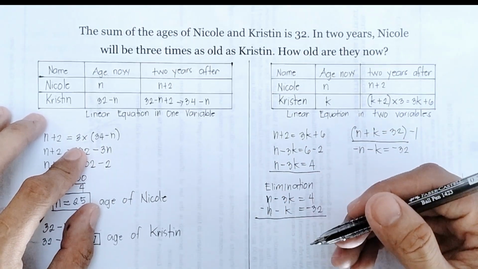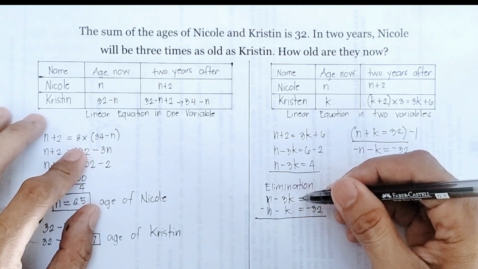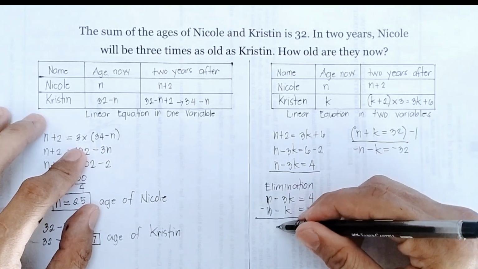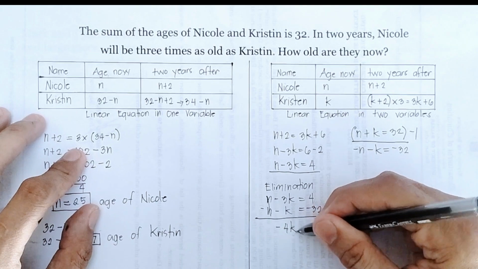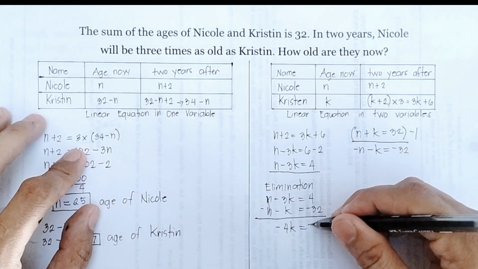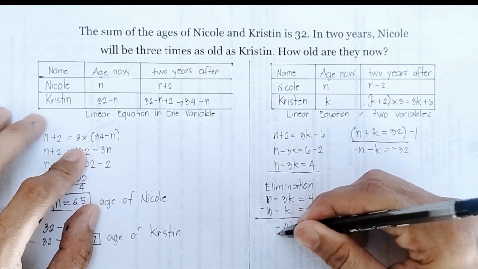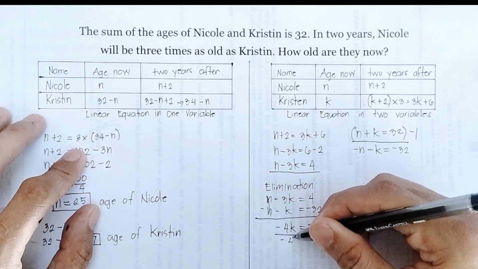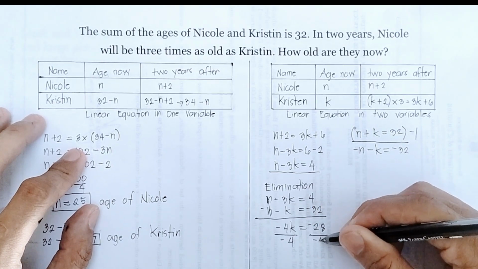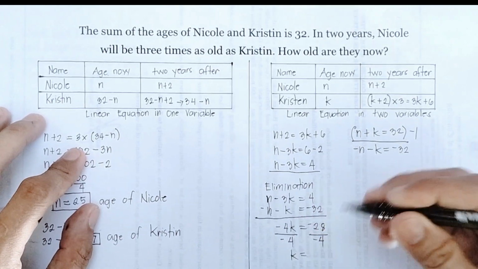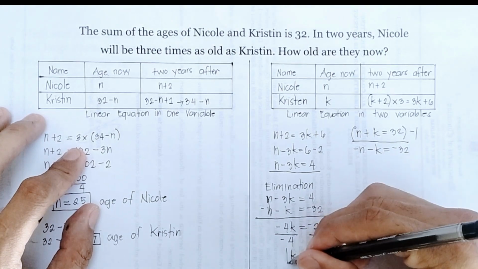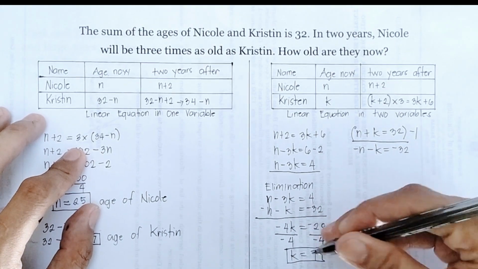So here we have negative 3K and negative K. So if you add negative 3K and negative K, that is negative 4K is equal to 4 plus negative 32, that is negative 28. So if you divide that by negative 4, K is equal to 7. So that's the age of Christine.